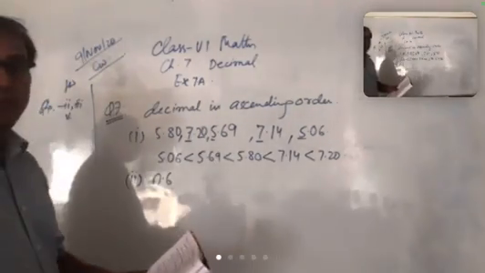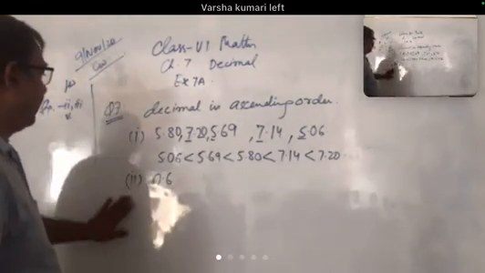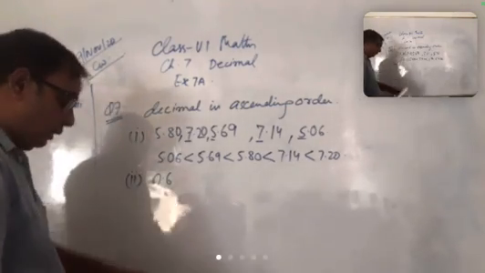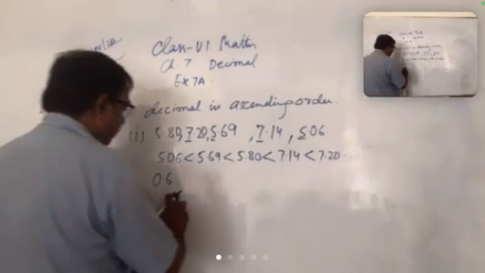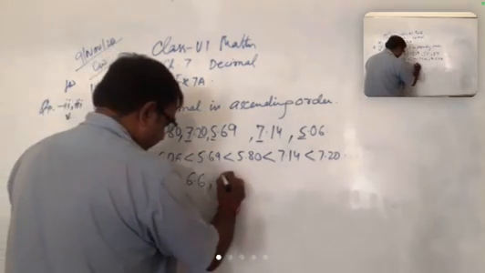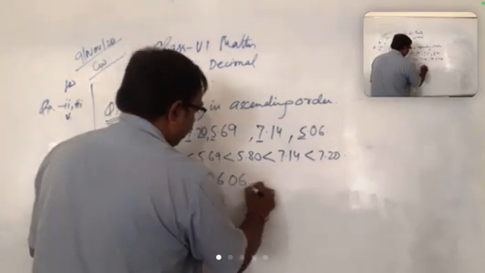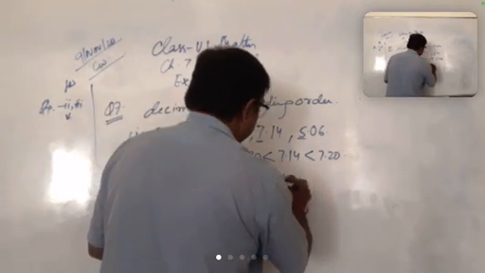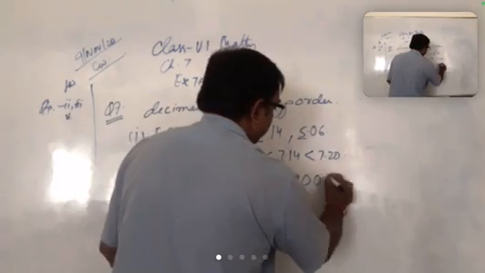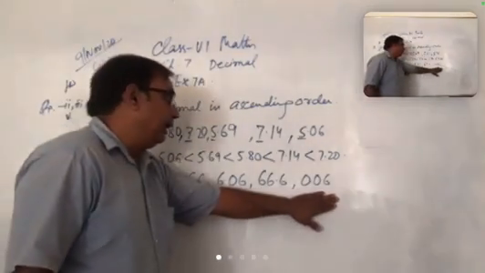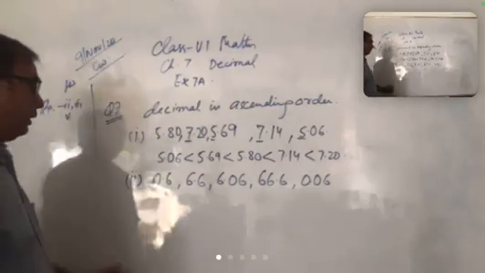Now the next question, question number 7, part 2. The question is 0.6, 6.6, then 6.06, then 66.6, then 0.06, and we have to write these decimal numbers in ascending order.